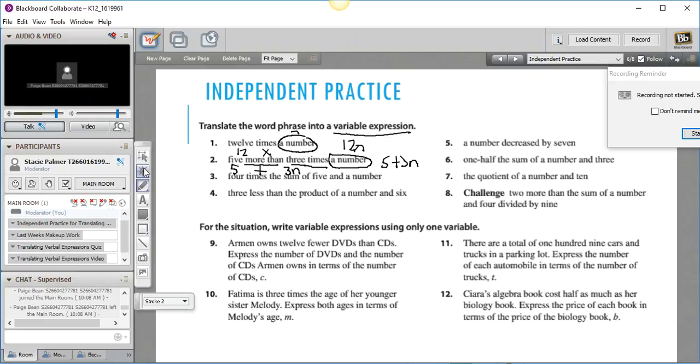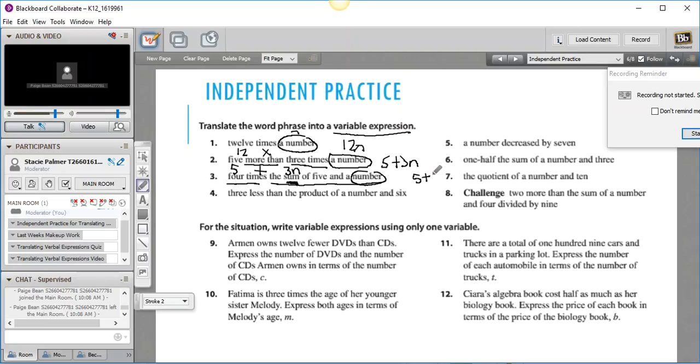Let's look at number 3. 4 times the sum of 5 and a number. Now this one's a little bit tricky. Sum means addition. We're adding 5 and a number, that's our variable.